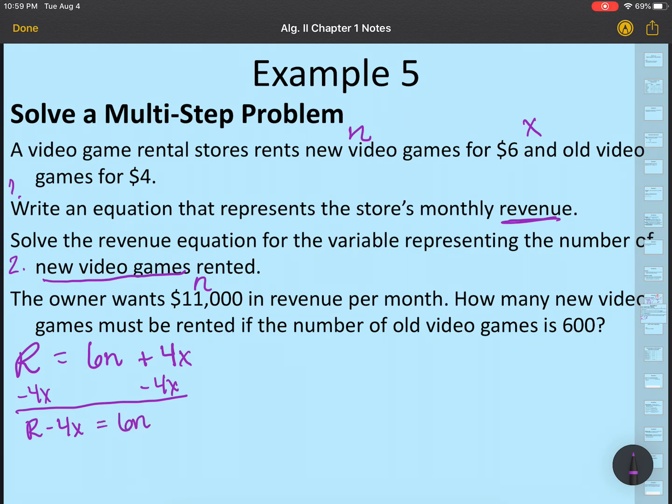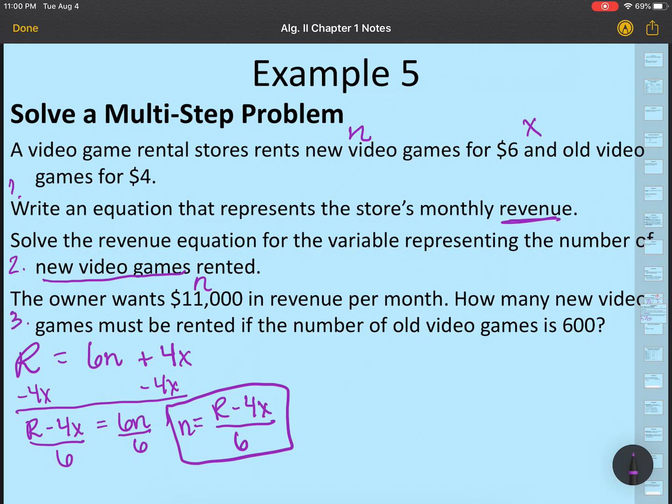And I still got 6N. I just want plain old N. So again, they're being multiplied together. To undo that, I need to divide by 6. So I get that N equals revenue minus 4X over 6. So that's my equation for new video games. That satisfies part 2.